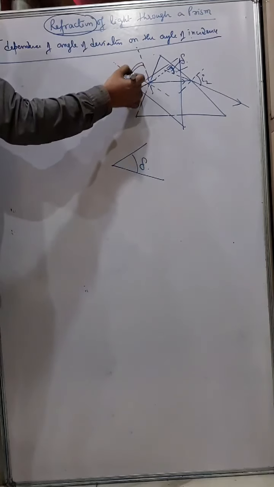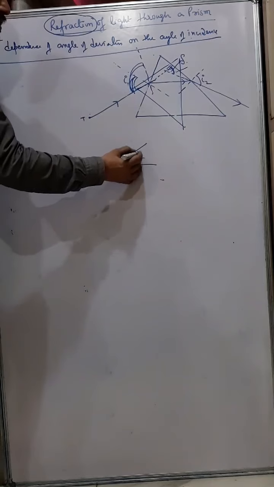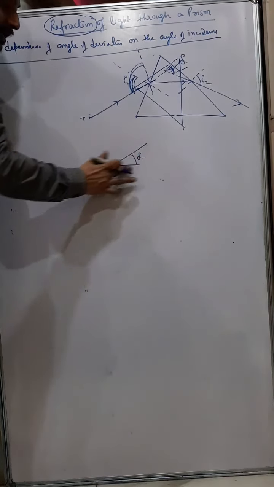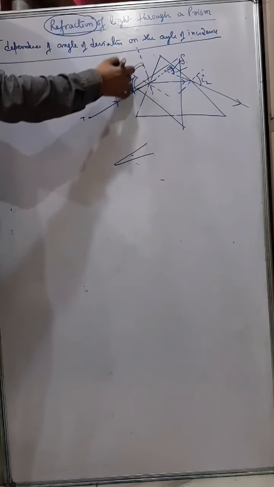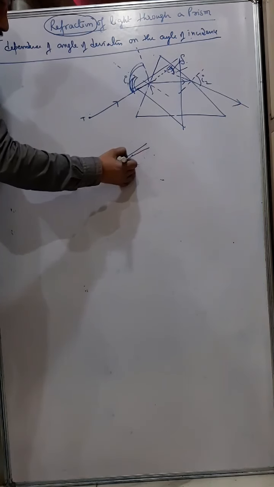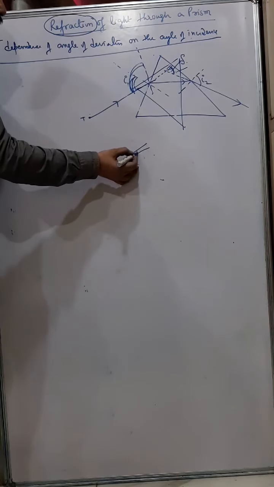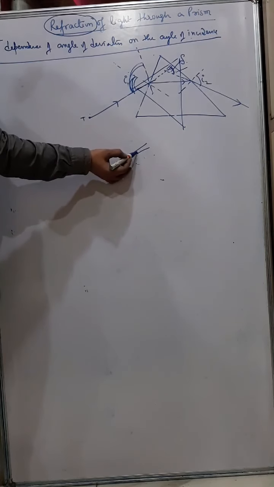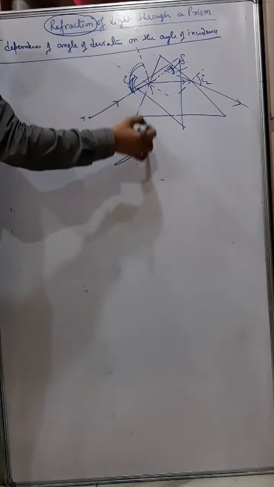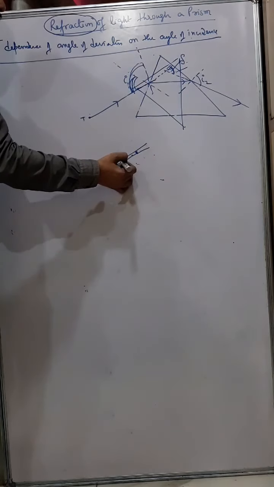When I am increasing the angle of incidence, the angle of deviation is decreasing. Again I am increasing the angle of incidence more, again the angle of deviation is decreasing, right? But after reaching a minimum value, say at this point, now as we increase the angle of incidence, the angle of deviation starts increasing.